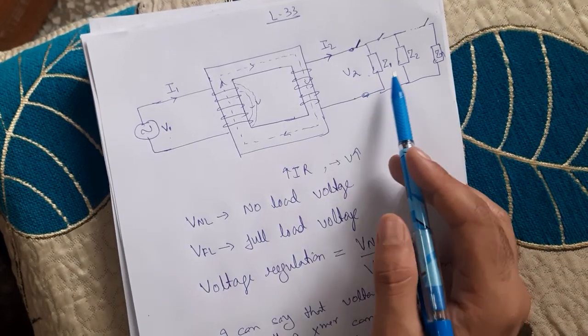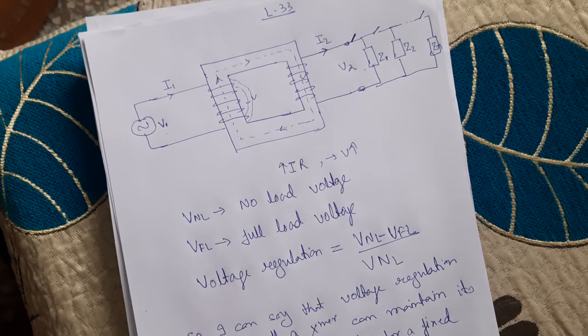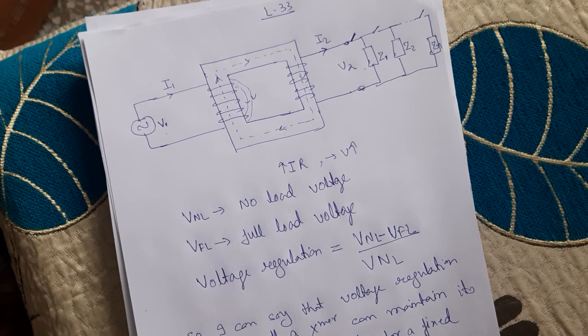Okay, so if the change in the voltage V2 from no load to full load is very small, then voltage regulation is small, and small voltage regulation means that the transformer operates satisfactorily.